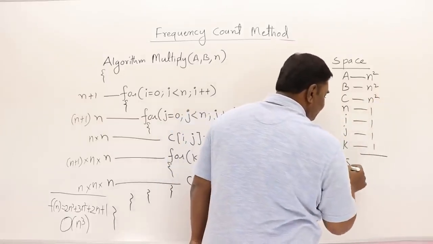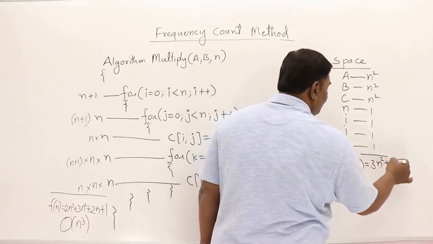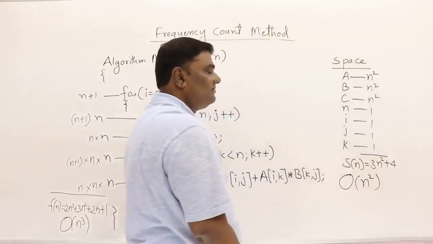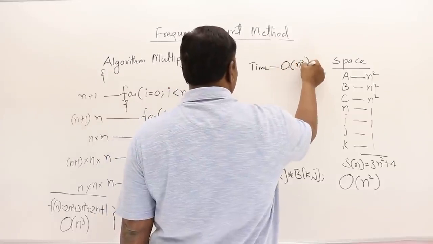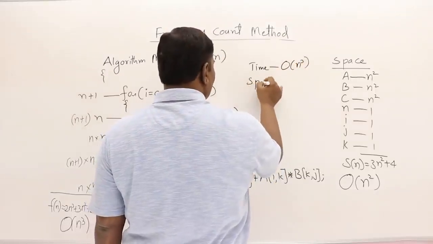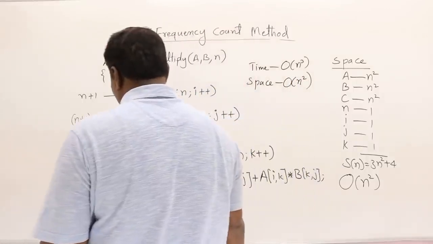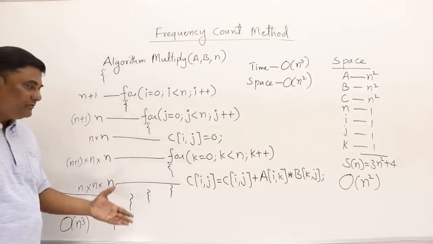So space is 3n square plus 4. So this is order of n square. Time is order of n cube. Space is order of n square. You can have a look at this whole thing.